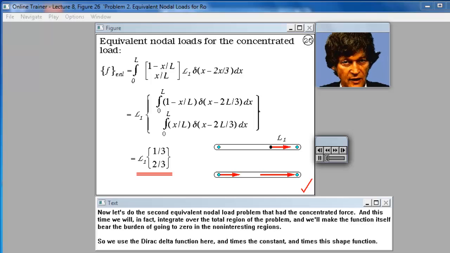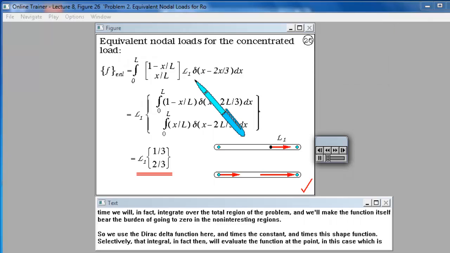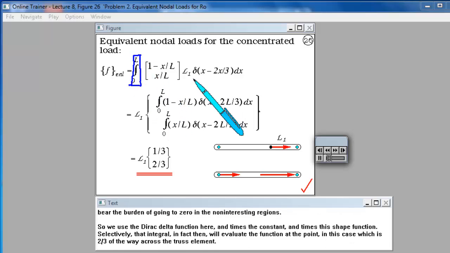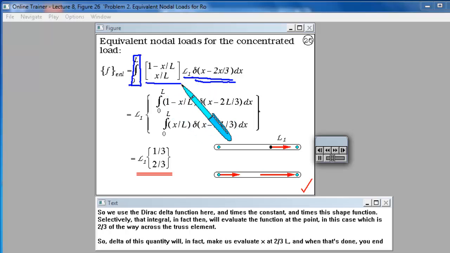Now let's do the second equivalent nodal load problem that had the concentrated force. This time we will integrate over the total region of the problem, and we'll make the function itself bear the burden of going to 0 in the non-interesting regions. So we use the Dirac Delta function here, times the constant, and times this shape function.